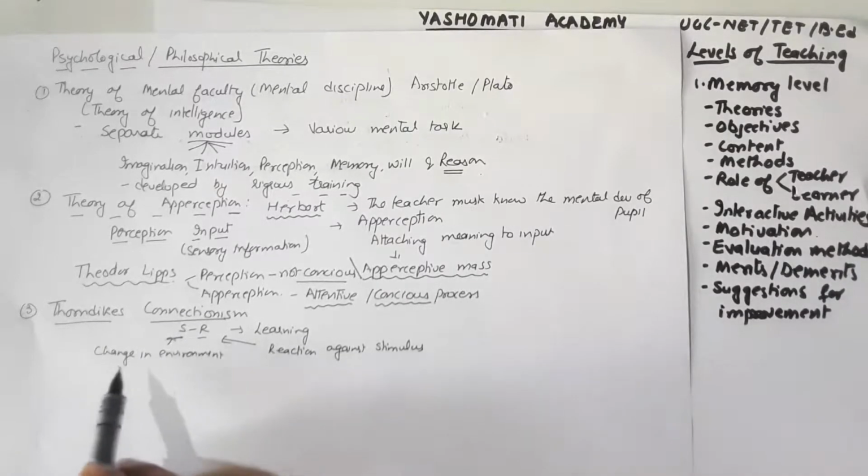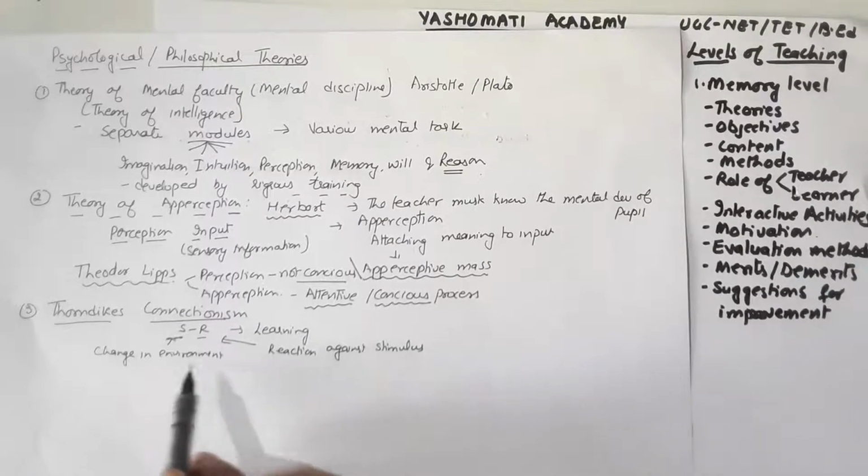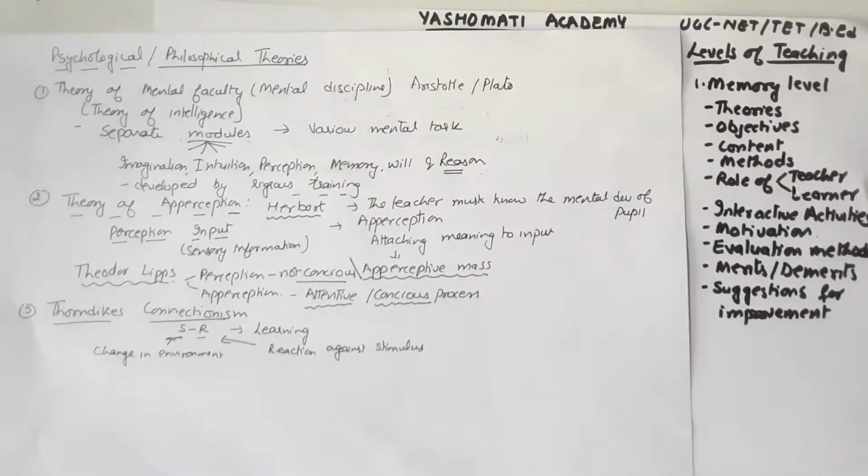And as this stimulus and response is repeated and exercised many times, this bond becomes strong, which is called learning. If this stimulus and response bond is not repeated, then forgetting happens or the learning becomes weak.